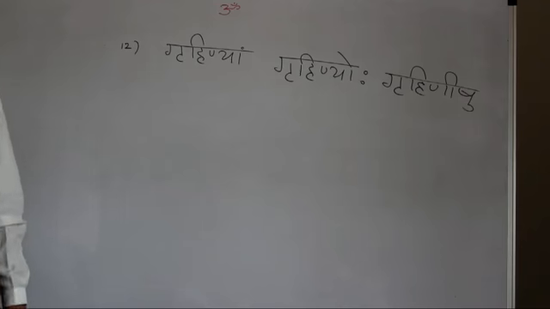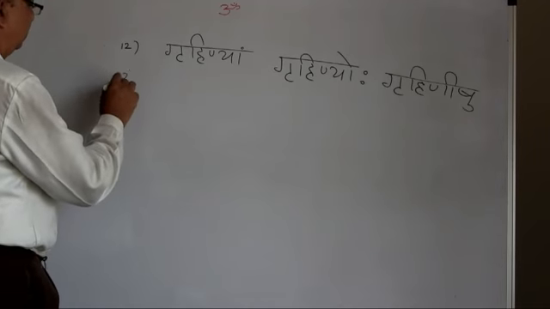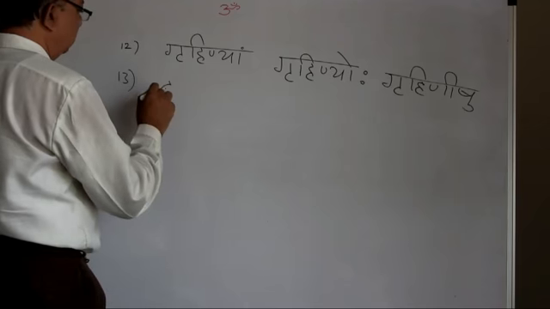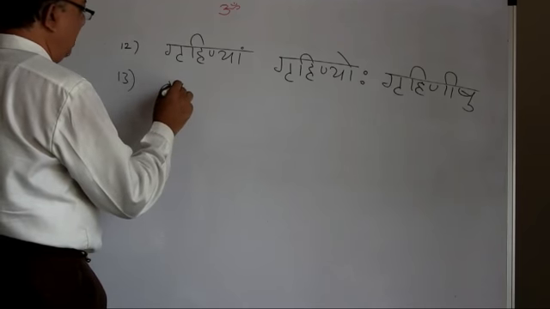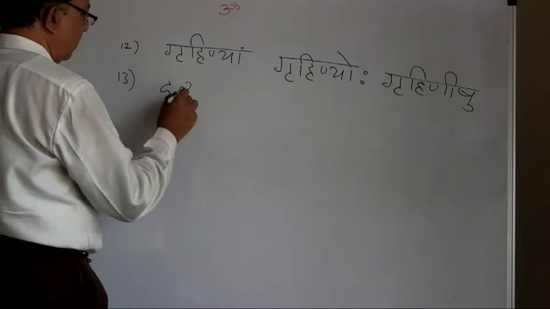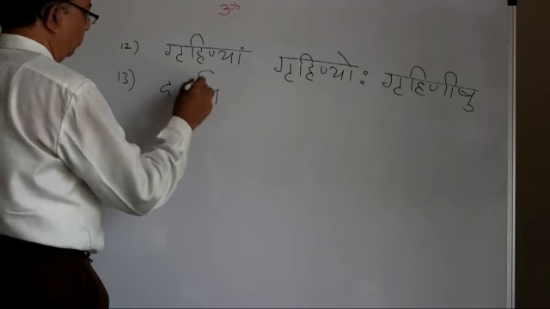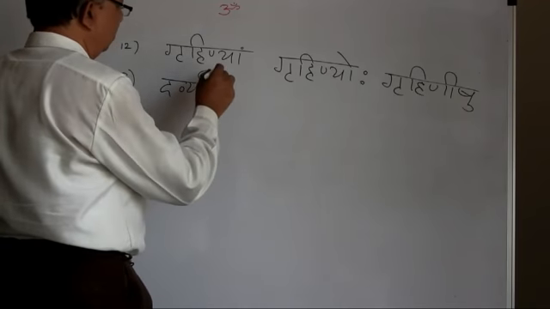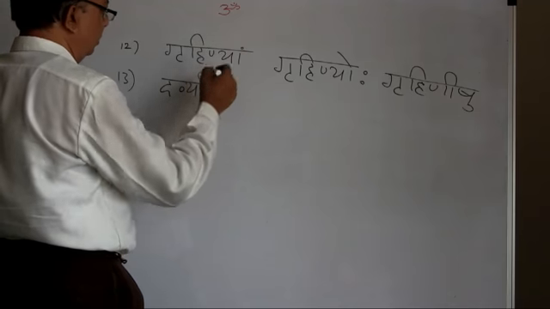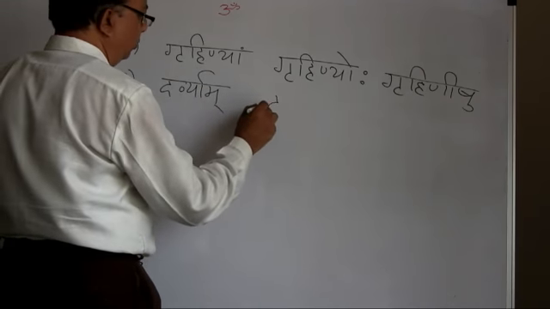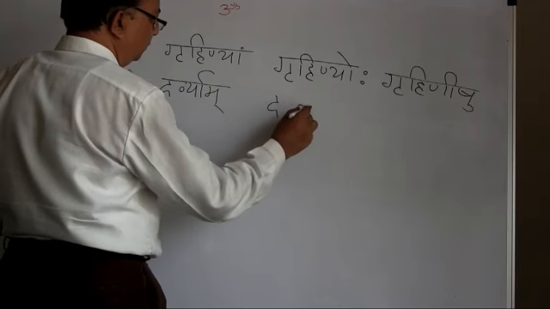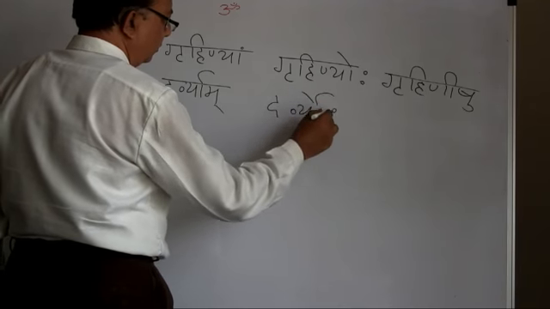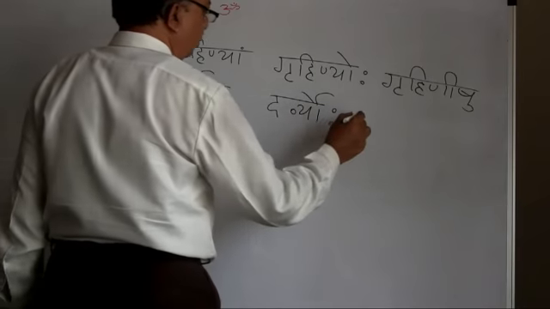So this way, this will come. Darvi, 13. Is it 13? Yes. Darvi, Darvyam. You can write like this, or when you become Anuswara, you can do that. Darvyam, Darvyoho, Darvishu.